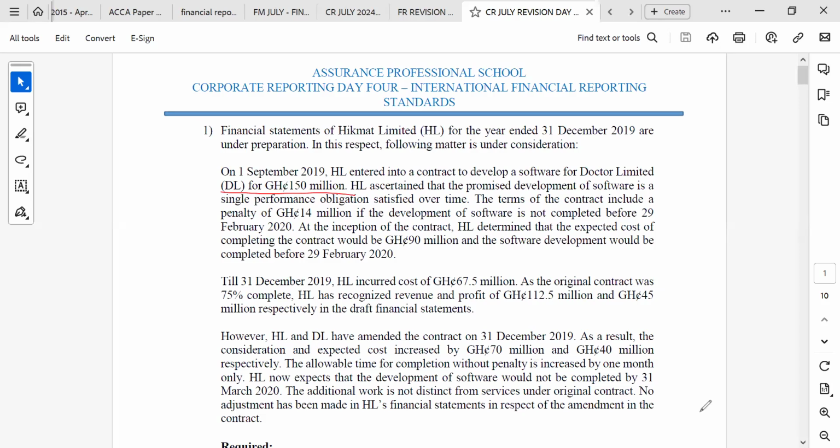Okay, so let's come to the contract price. The contract price is 150 and the total expected cost we are going to incur to complete the contract is 90.